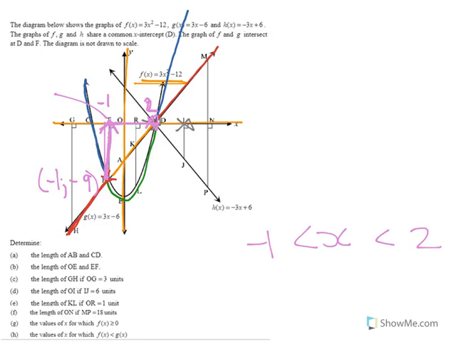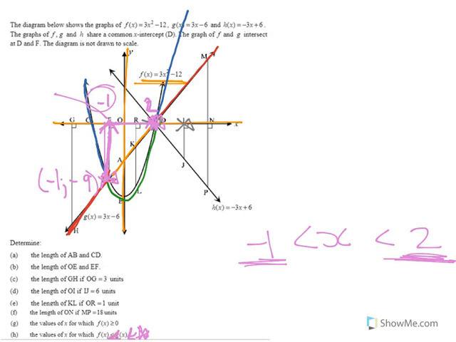And then let's think about whether to include these boundaries. When my input is -1, these functions both produce the same output. And likewise, when my input is 2, they both have the same output. We're not interested in their outputs being equal.